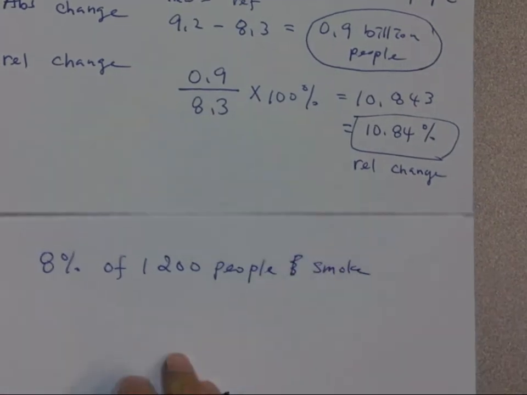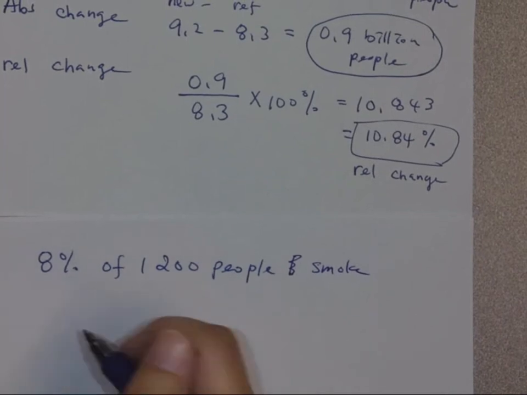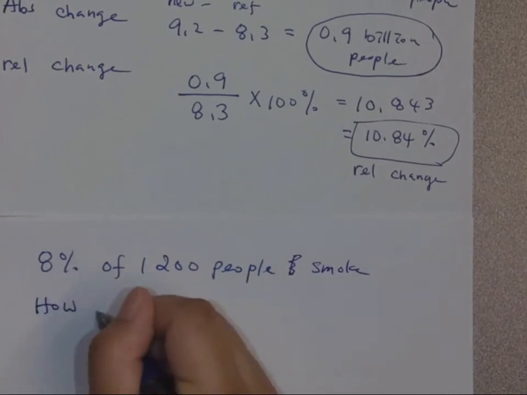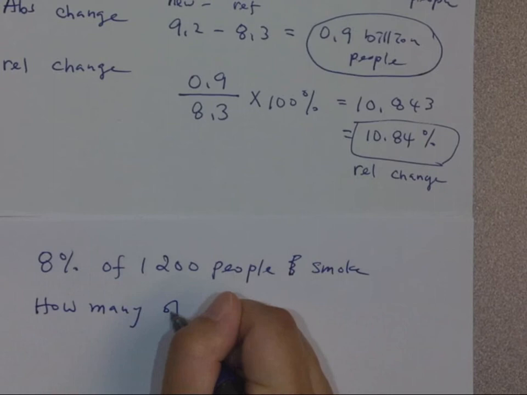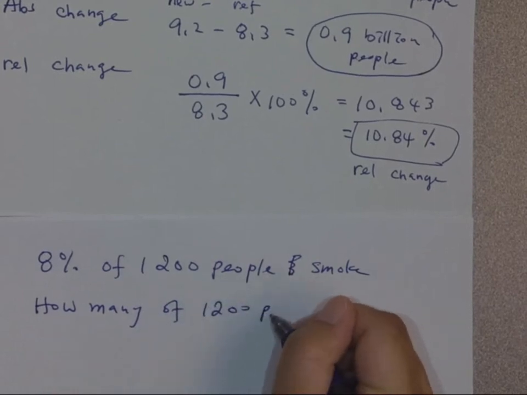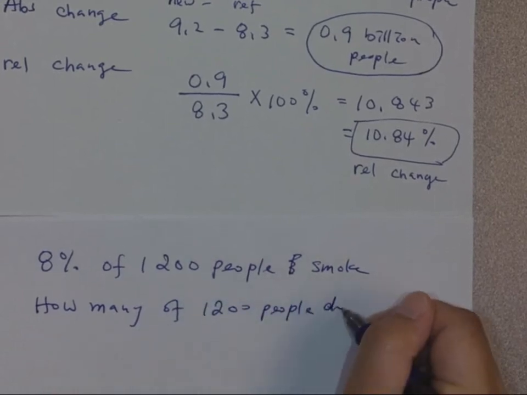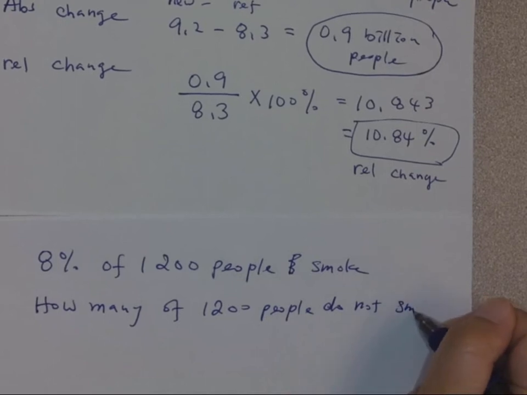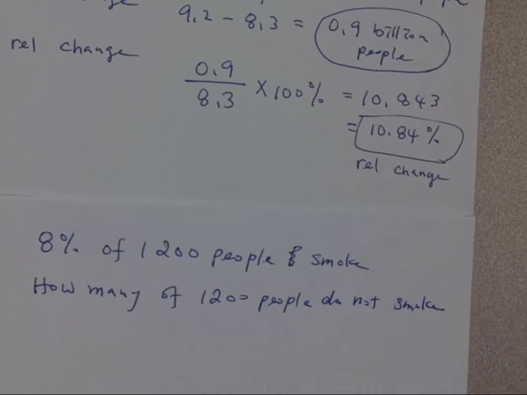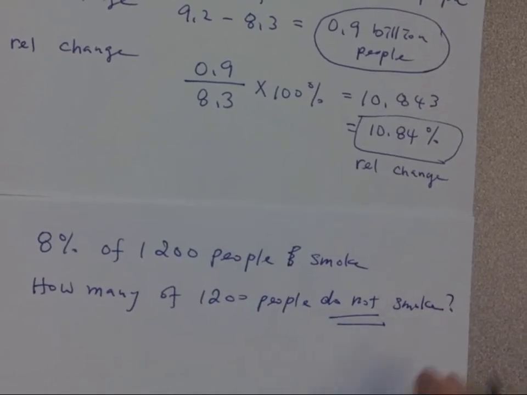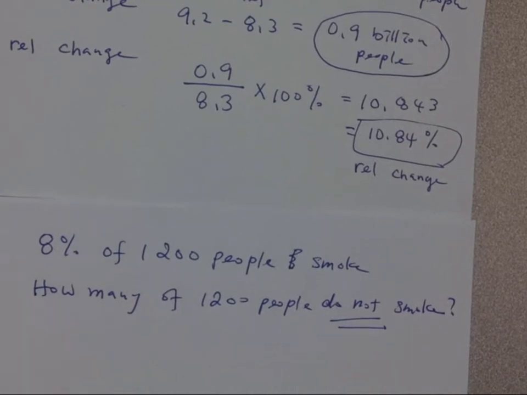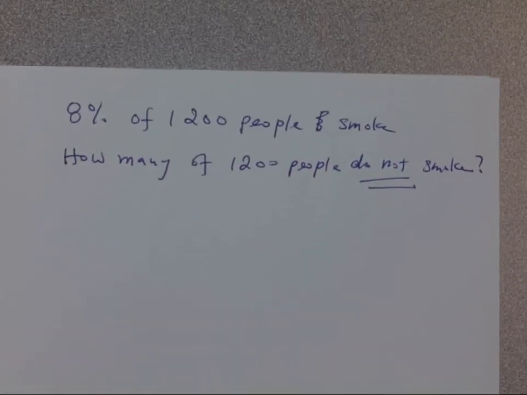I don't know, just making it up. And then how many of the 1200 people do not smoke? So they're asking do not, okay? And they give you the percent that they do. All right, so how do we do that?